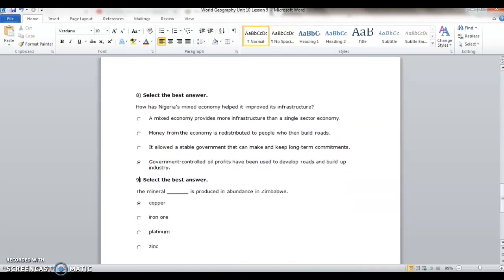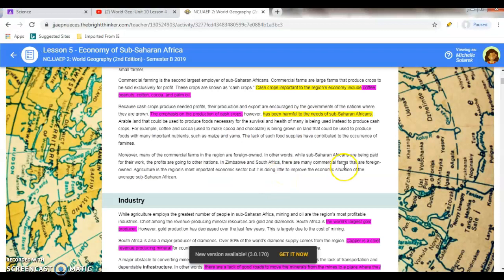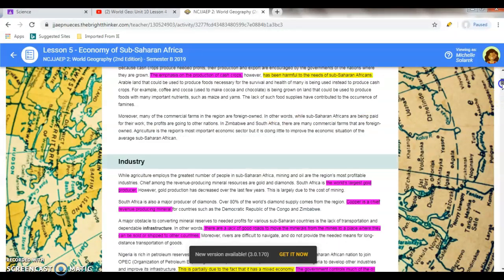Number 8, how does Nigeria's mixed economy help improve its infrastructure? Well, the government-controlled oil profits have been used to develop roads and build up the industry. And I think I might not have emphasized that part.